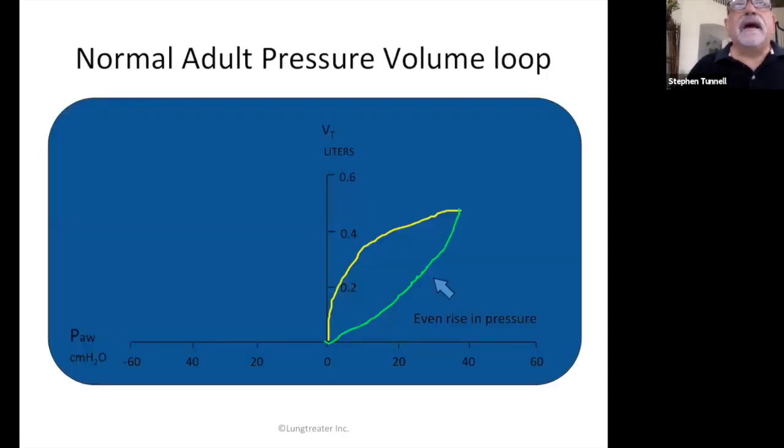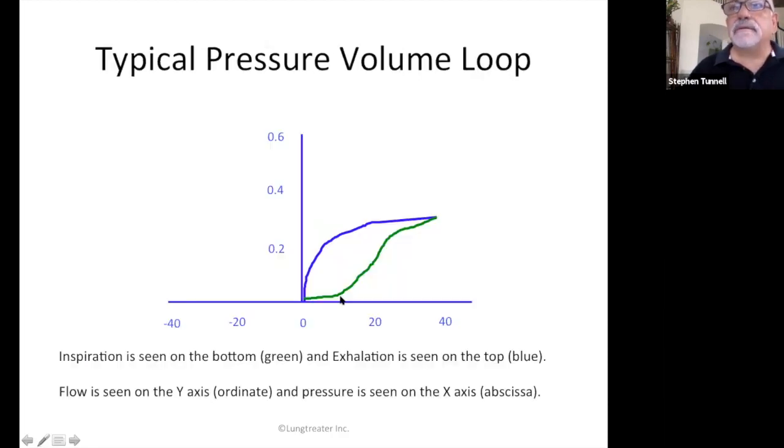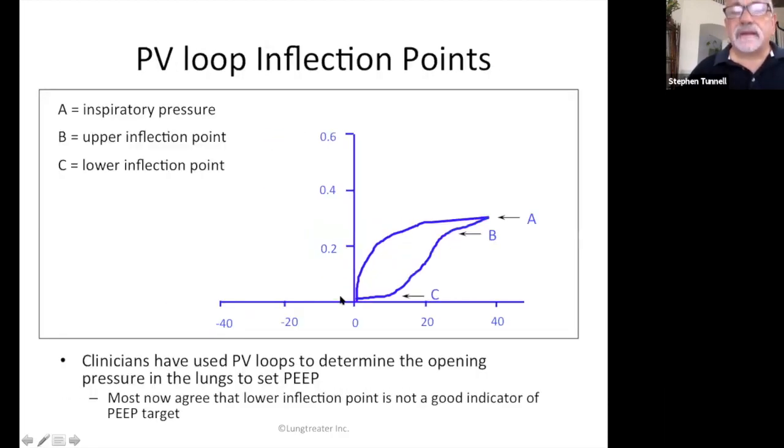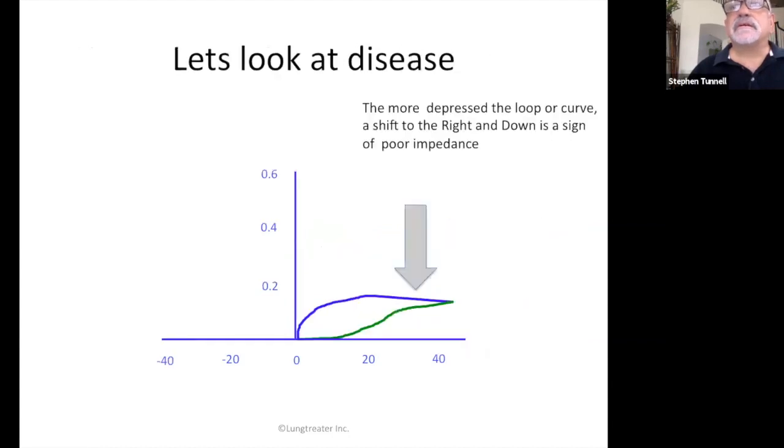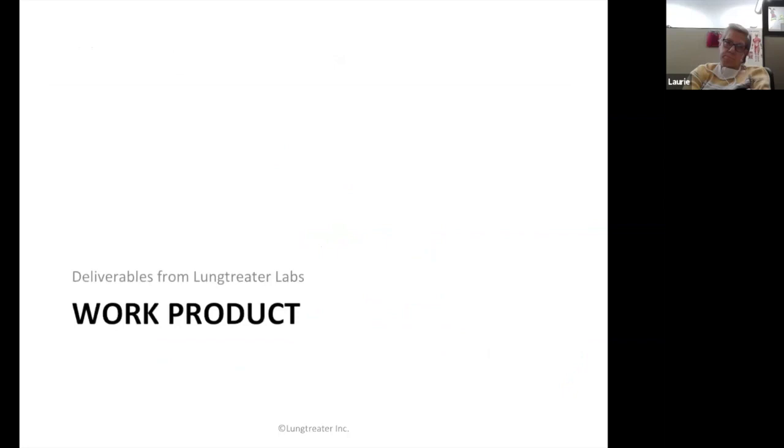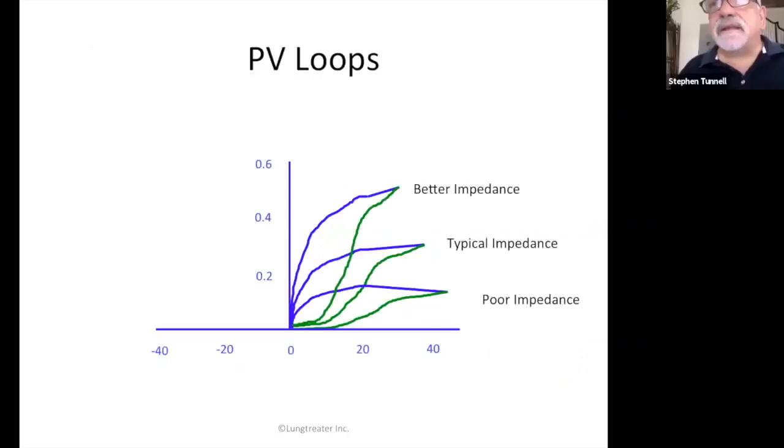And we have these things called loops. Loops take pressure and volume and create a loop. Let me see if I can get one of these loops to work. Okay, these loops tell us about the work of breathing.